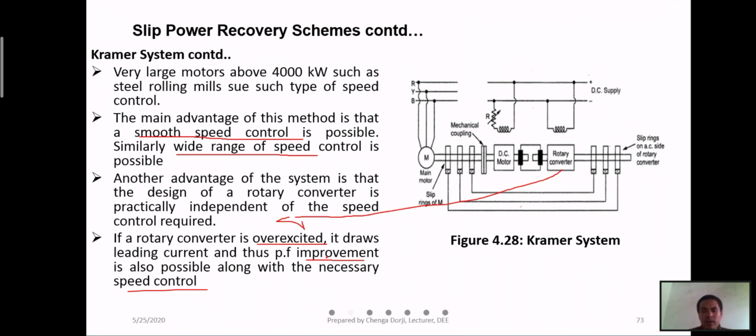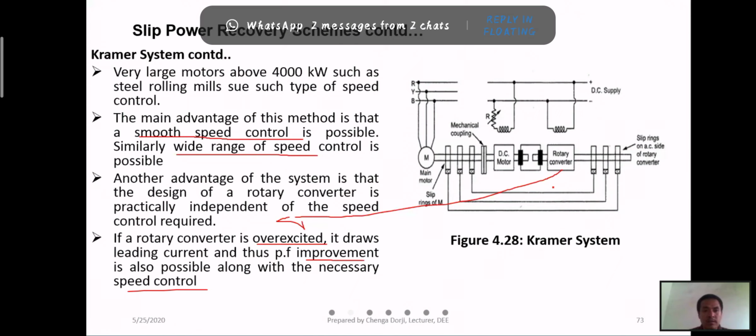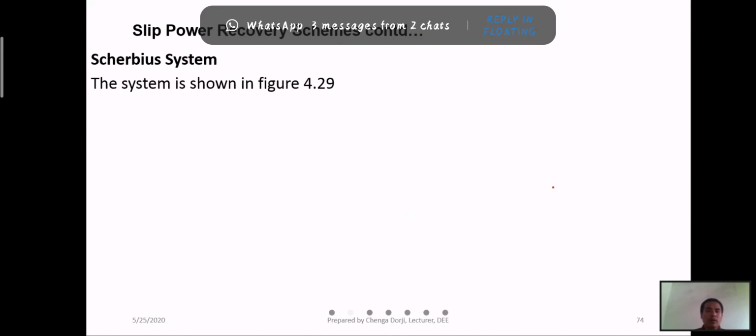So on top of controlling the speed, this system can be used to improve the power factor of the system if the rotary converter is overexcited. If it is underexcited, it will not be able to improve the power factor. The Scherbius system we will discuss in the next class.